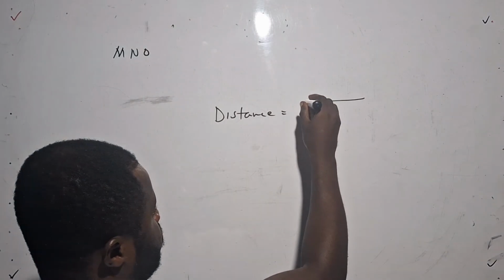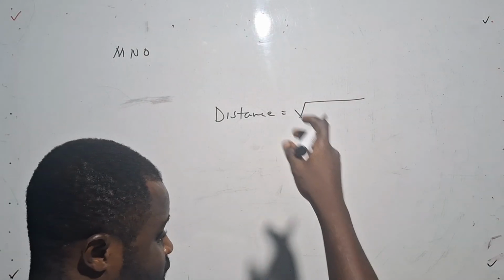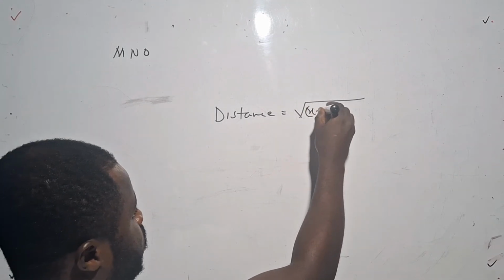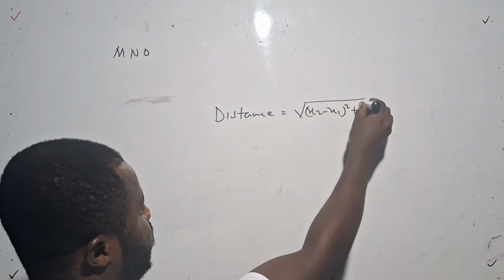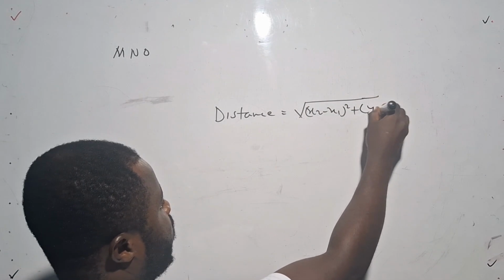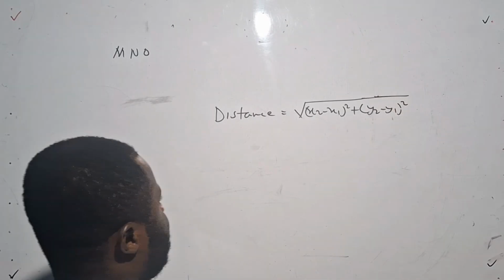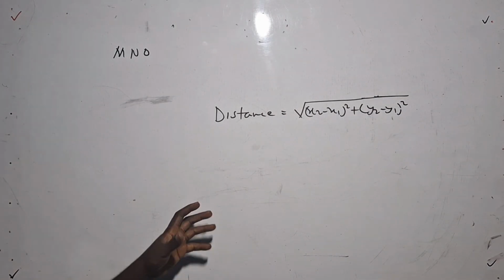That's the square root of x2 minus x1 squared plus y2 minus y1 squared. So this is the distance formula.